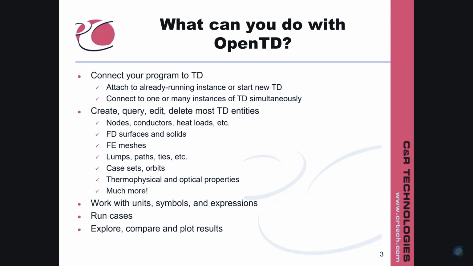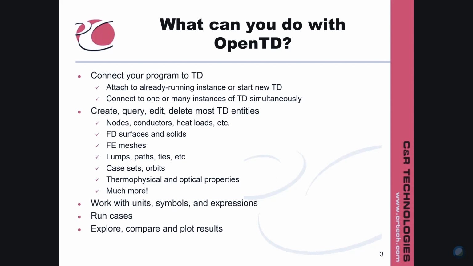Okay, so what can you do with it? Well, you can connect to an already running instance of Thermal Desktop or start a new instance. And in fact, you can connect to as many instances of Thermal Desktop as you want. So you could have one client program that is talking to two instances of Thermal Desktop and trading data between them. What kinds of things can you do once you're connected?